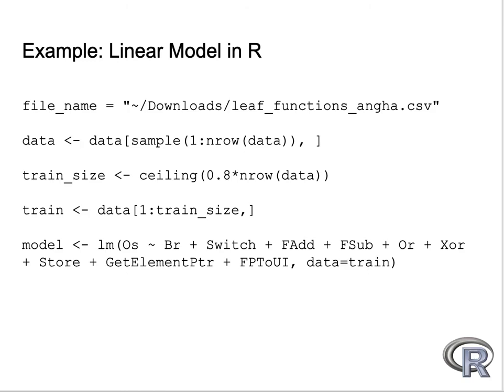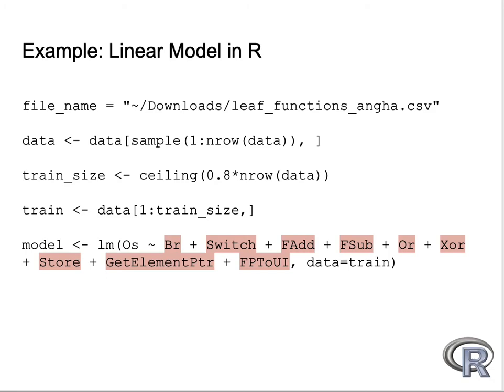And then we can get a linear model. For that, we use the lm function, which is also available in the R standard library. The goal of this linear model is to predict Os, the number of instructions of the program when it's compiled with clang -Os.